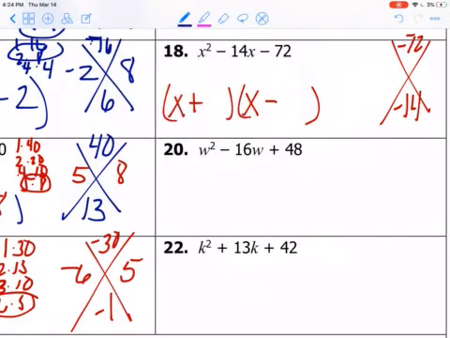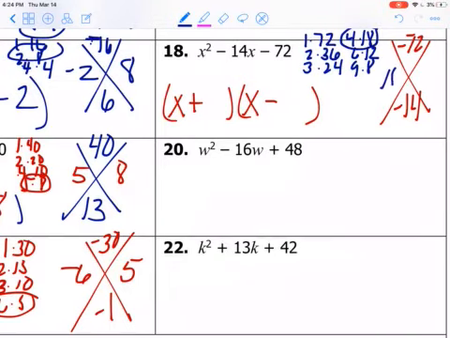Factors of 72, there's a lot. 1 and 72, 2 and 36, 3 and 24, 4 and 18, 6 and 12, and 9 and 8. The one that's going to give us 14 is 18 and 4. Because one of them needs to be negative, with that being the 18. So you put the 18 with the subtraction, 4 with the positive.